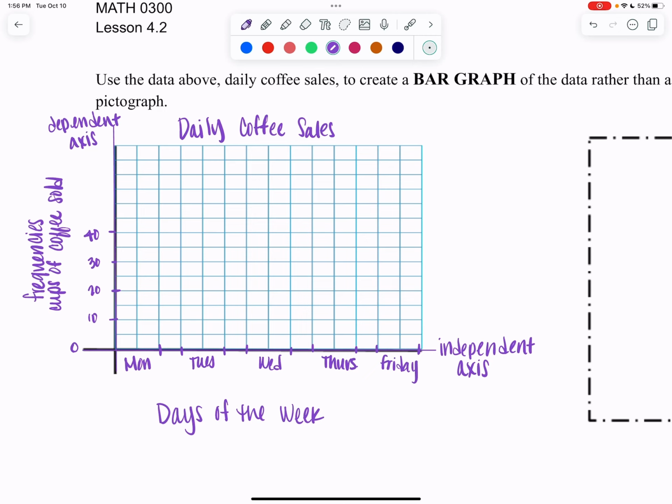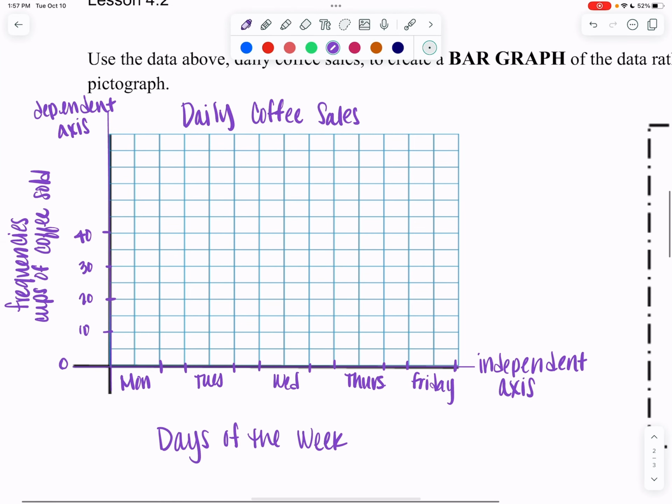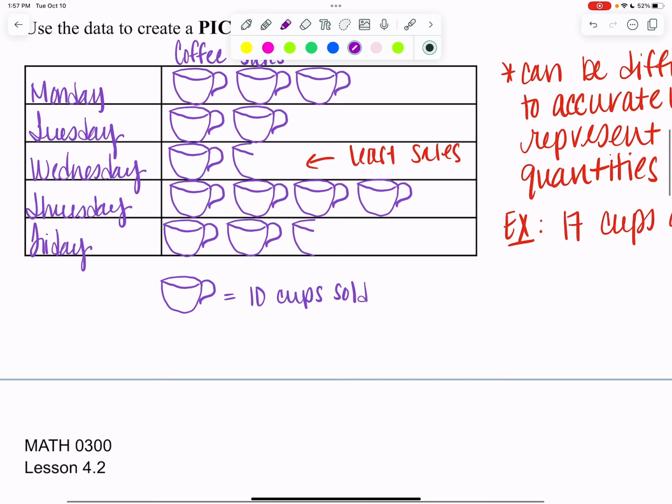So we need, Monday was 30 cups. So I'm going to set up a little rectangle right here, and I'm going to shade it in for 30 cups. Tuesday was 20.